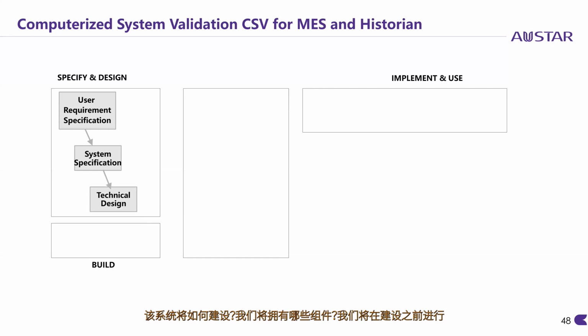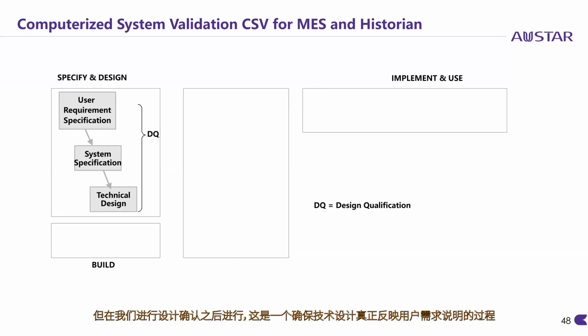How will the system be built? What components will we have? We will go into before to build, but not before we have done design qualification, which is a process of making sure that the technical design actually reflects the user requirement specification.